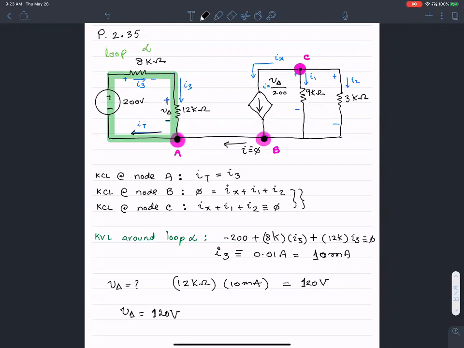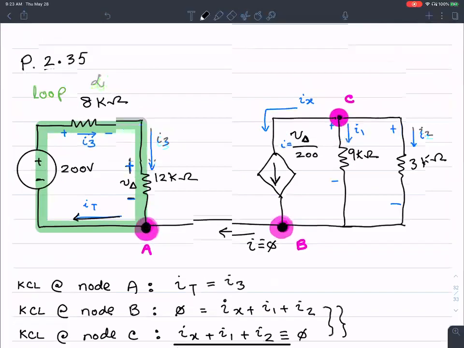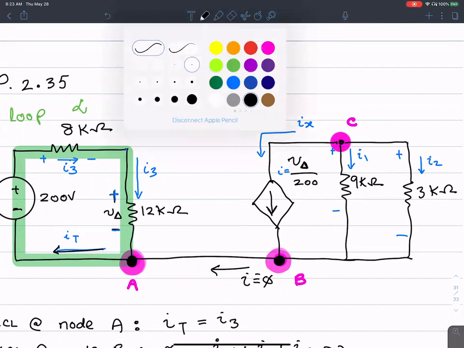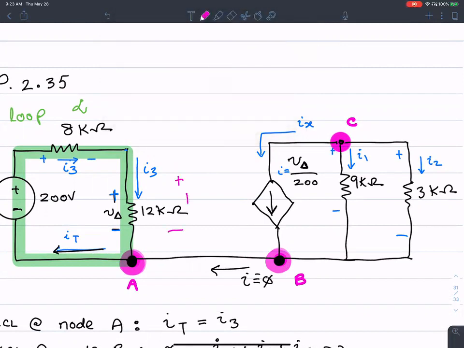Okay, what else can we do here then? I know the value of V delta, the voltage. Once I know the value of V delta, notice the magic of a dependent current source. Whatever value is set up here, and we know that's 120 volts, the current here is going to be dependent on that, and that's at the heart of the dependent current source.